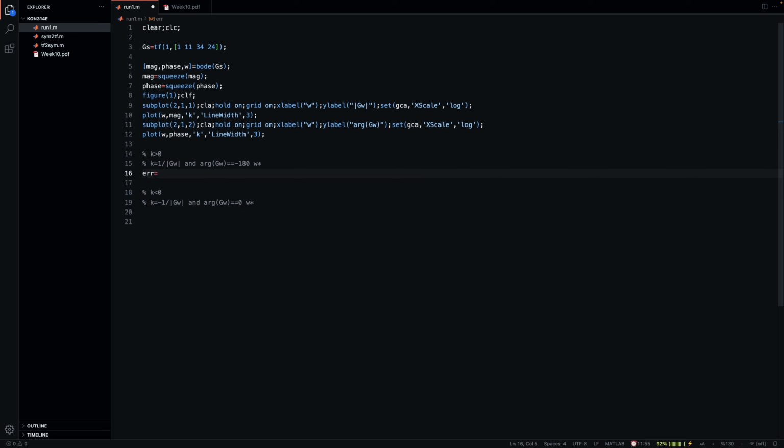Therefore, I'm going to construct something that looks like this, an error signal basically. I'm going to look for the phase plot minus 180 degrees, and take the absolute value of this, so abs of this. Now, I don't really need to use a for loop.